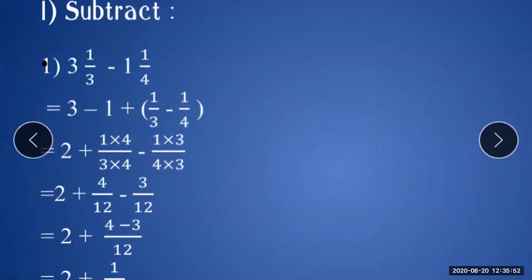Now here first step. Three minus 1 upon 4. Now 3 minus 1 will become 2. 3 minus 1 will become 2 plus.